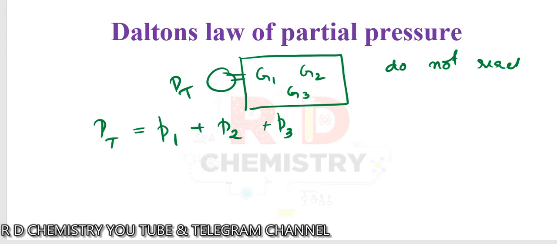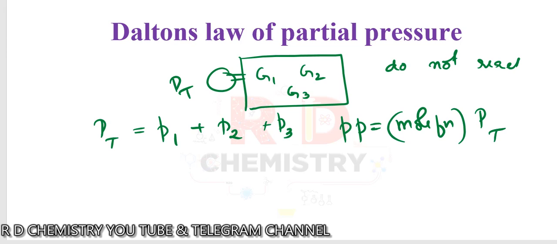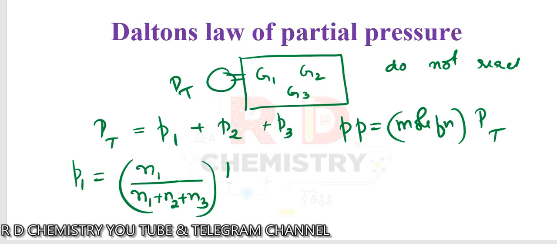Okay. Now how to calculate partial pressure? So partial pressure is equal to mole fraction into the total pressure. Suppose I want to calculate the partial pressure of the first gas. It is equal to the mole fraction. What is mole fraction? Mole fraction is equal to the number of moles of that gas 1 divided by the total number of moles, N1 plus N2 plus N3, there are three gases, into the total pressure Pt.